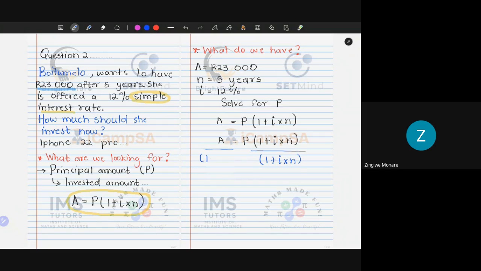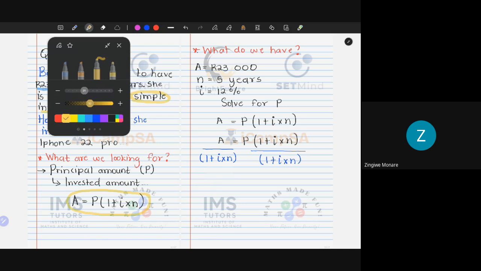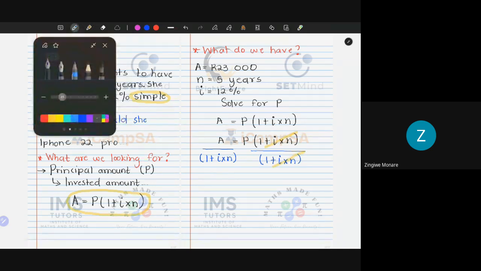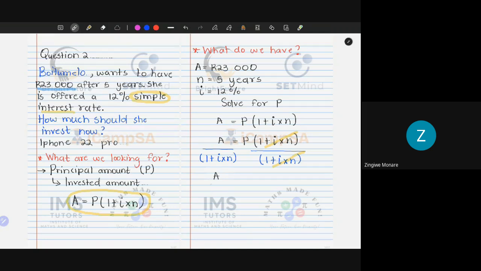And what you do on the left, you always do on the right. So that will cancel and that will cancel. And you will see that what we are left with is A divided by 1 plus I times N, and this is equal to P.